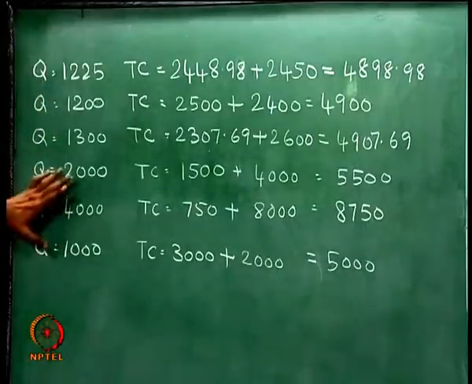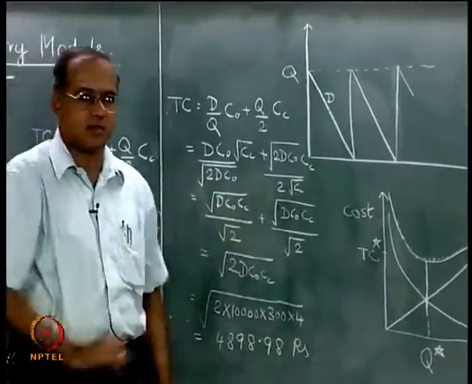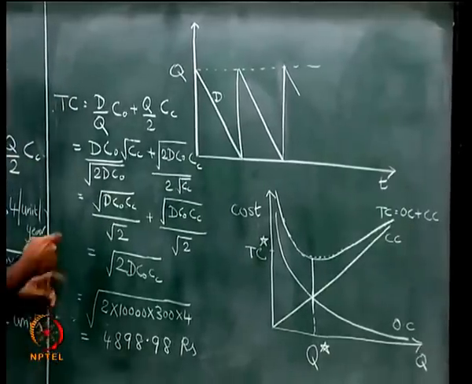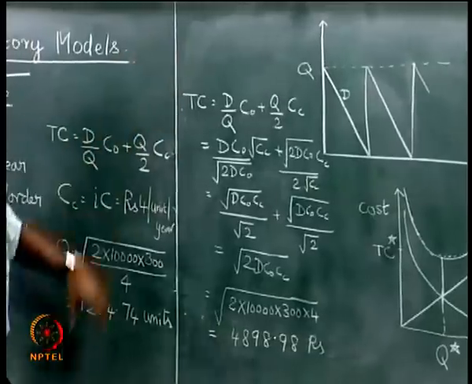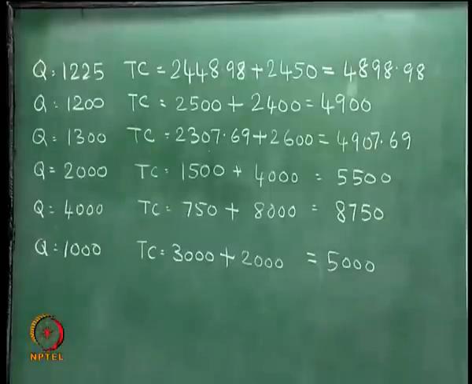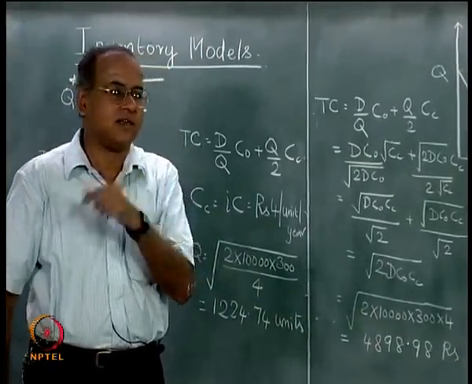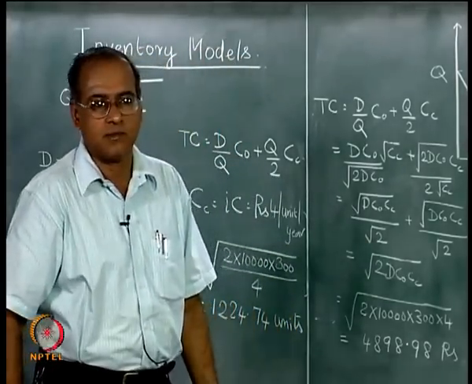Now, let us try and understand a few things that we have calculated here, and let us try and show some of these in this graph. The first thing we did was to round this off to the nearest number. We tried 1225 and we realized that the total cost is the same. So, if the supplier can give in multiples of 1 or any integer quantity, then ordering 1225 is indeed economical.